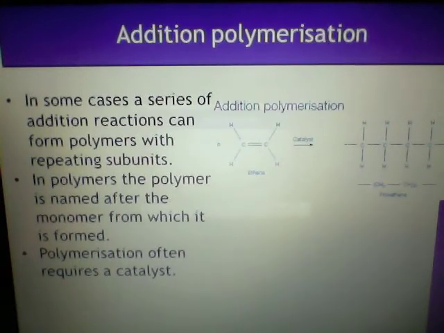So here we have ethene converting into polyethene. These are all taken from your book. Another example is styrene turning into polystyrene. So those foam cups. And another example is vinyl chloride turning into polyvinyl chloride, the thing that we make old records and such with.